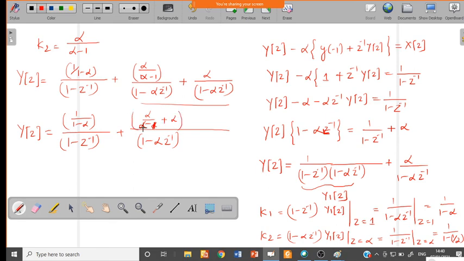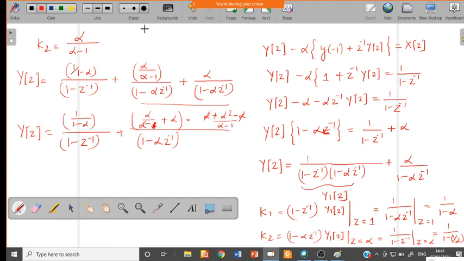Now this term we can rewrite as alpha plus alpha square minus alpha. So this will cancel, and we get alpha square by alpha minus 1.